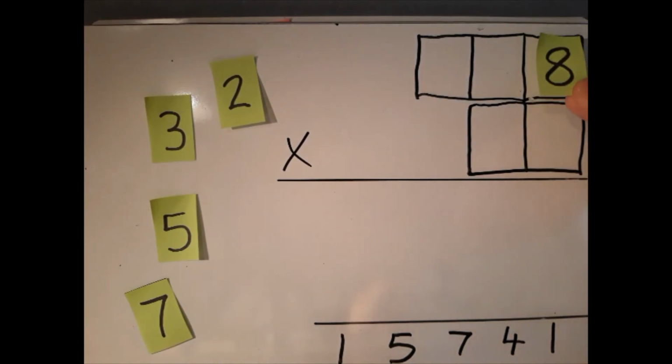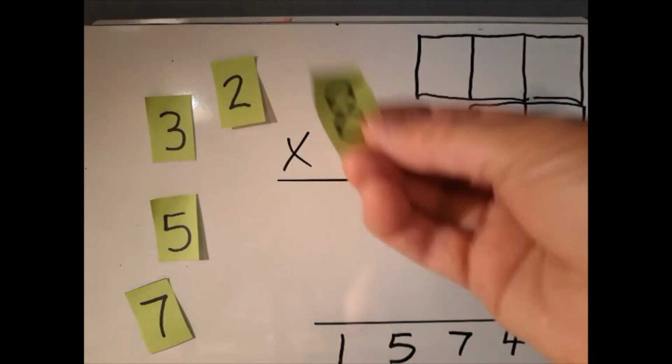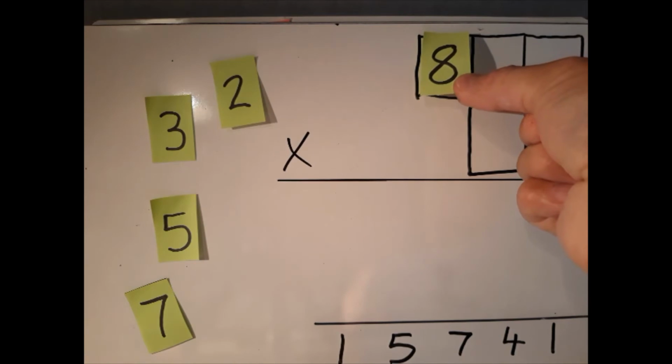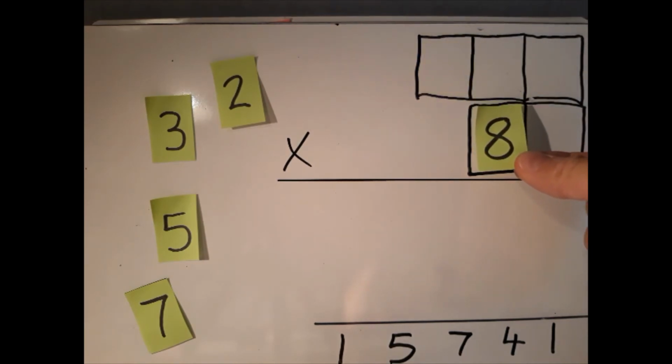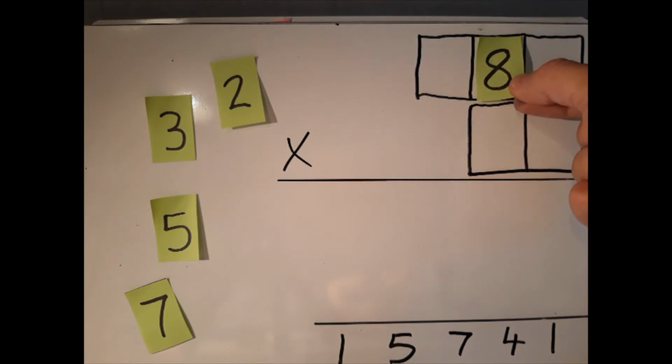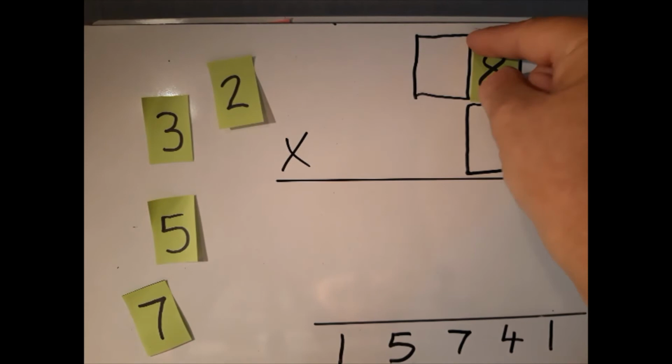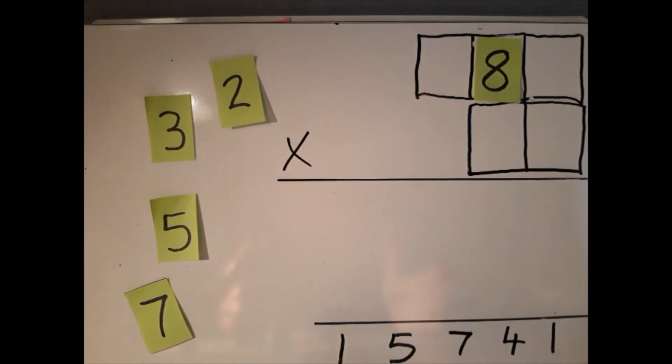So it can't go in there or there because both of these digits have to be odd. From that first part we did, it can't go here and it can't go here because that will give us too big an answer. That only leaves us with one place. The number 8 has to go there.